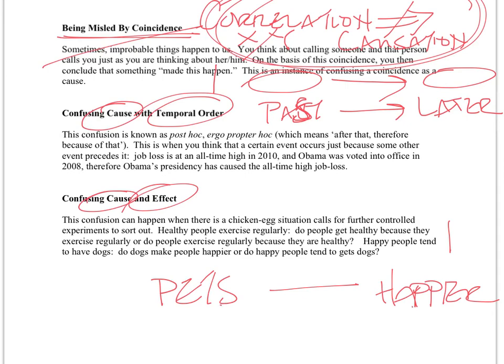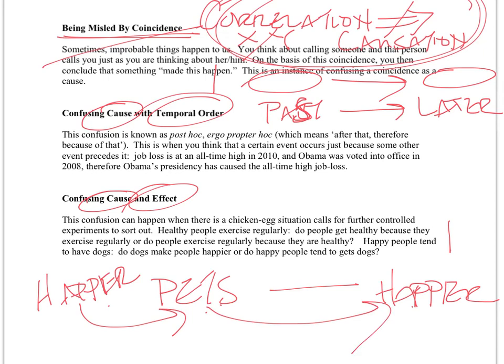That's one hypothesis, and it's a perfectly reasonable one. However, that's not the only hypothesis. The other hypothesis is that people who are already happier to begin with are ones who get pets, which explains why there's a correlation between pets and being happier.